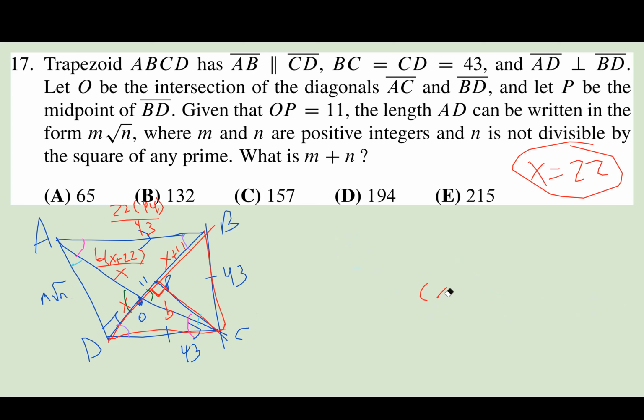This side is x plus 11 plus x plus 11, so it's 2 times (x plus 11), but x is 22, so that's going to be 66. So DB is 66. So I can say 66 squared plus (m root n) squared equals, and then 22 times 44 over 43, which is 2 times 44, so that's 88.